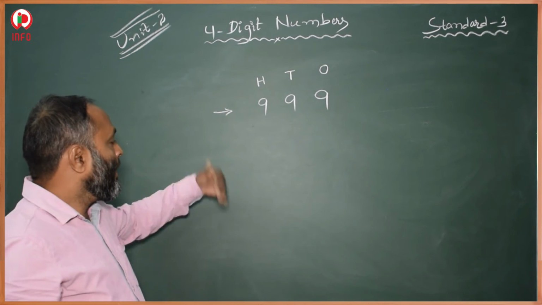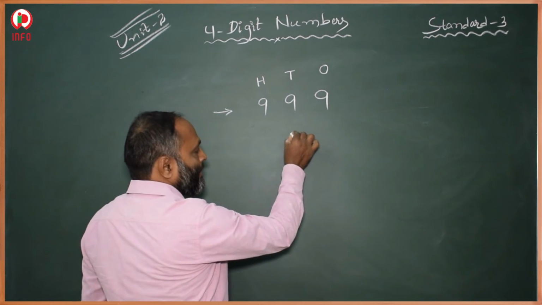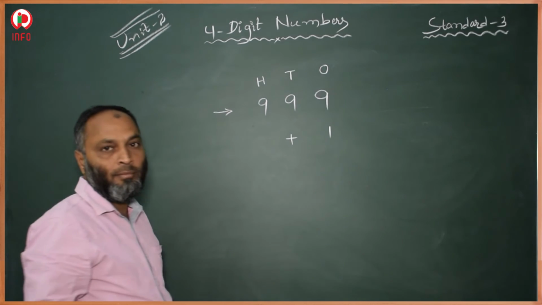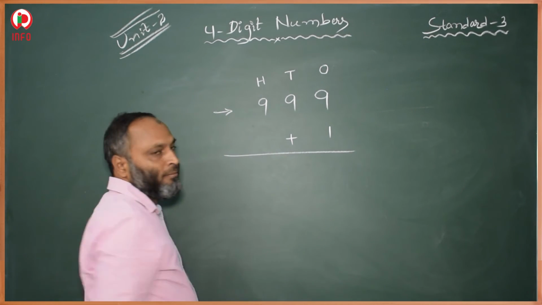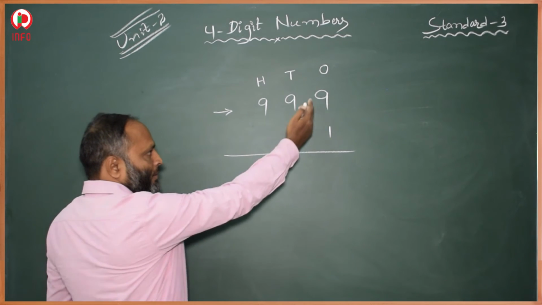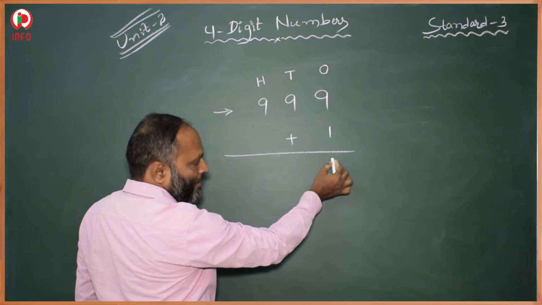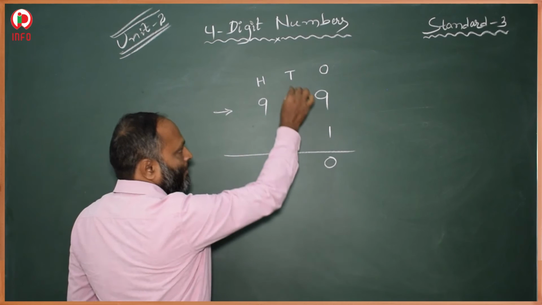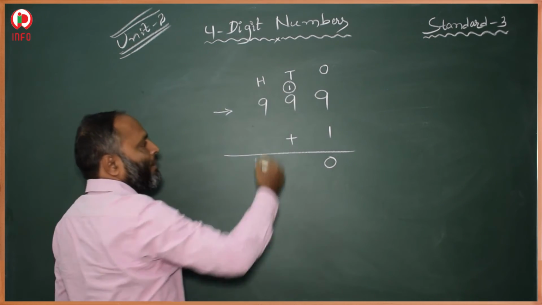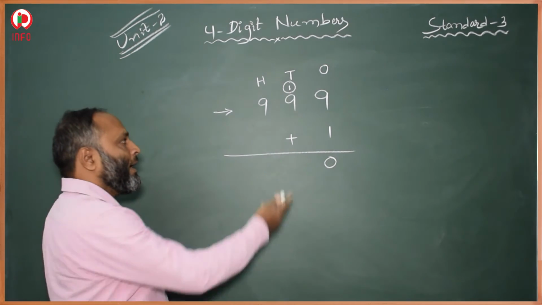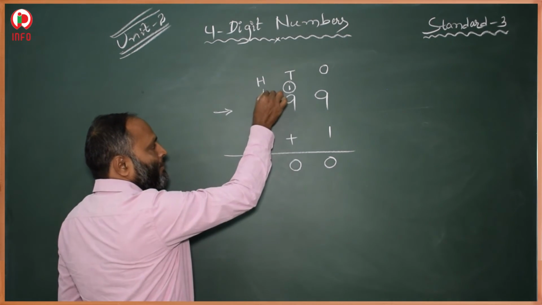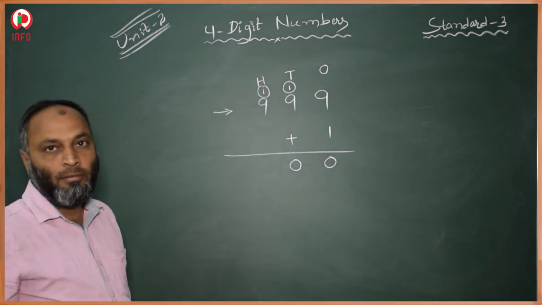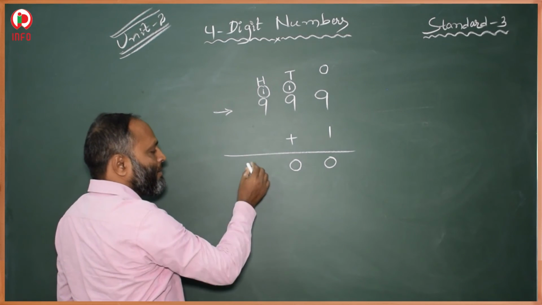Then if we add 1 to this number, what happens? Check it. 9 plus 1 is 10. 10 means here 0, and carry over. Again 9 plus 1, 10, 0 here, 1 here. 9 plus 1, 10.